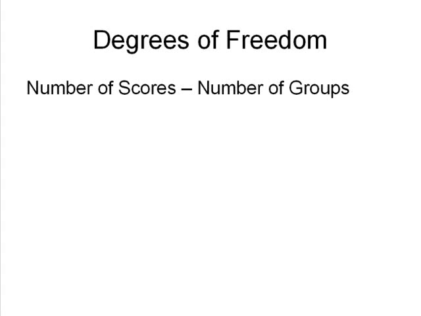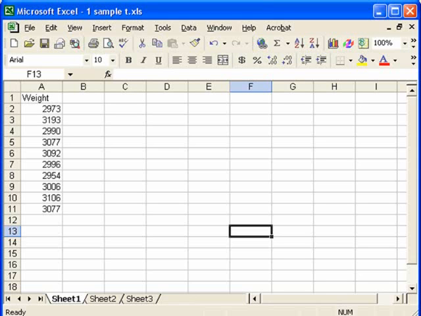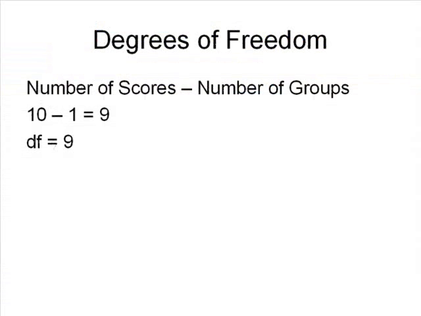In this case, for a t-test, it's the number of scores minus the number of groups. In our case, we only have one group of infants. And if I count right, we have 1, 2, 3, 4, 5, 6, 7, 8, 9, 10 scores. So we have 10 scores minus, because we have one group, that gives us 9 degrees of freedom. So our degrees of freedom are 9.